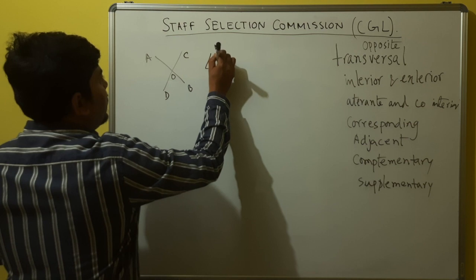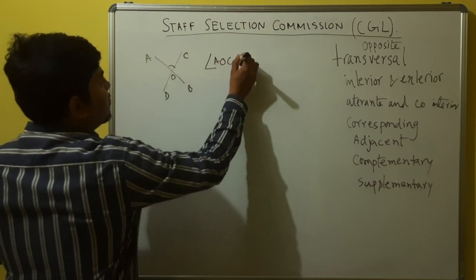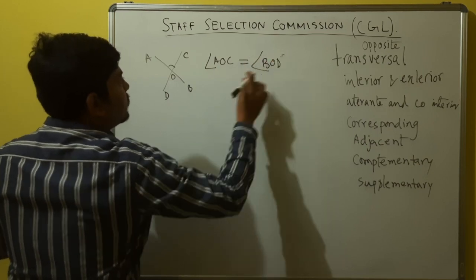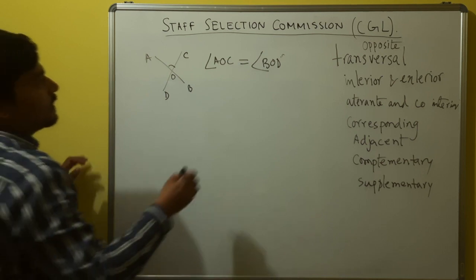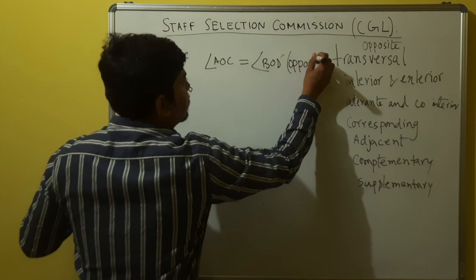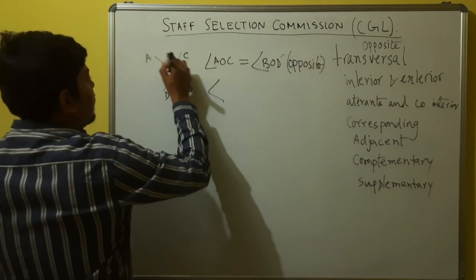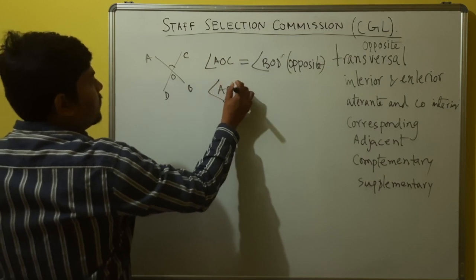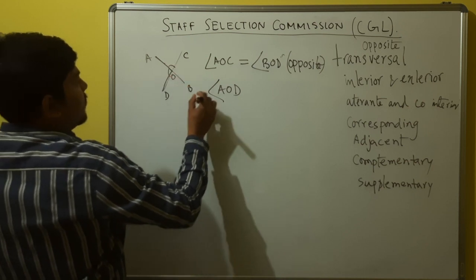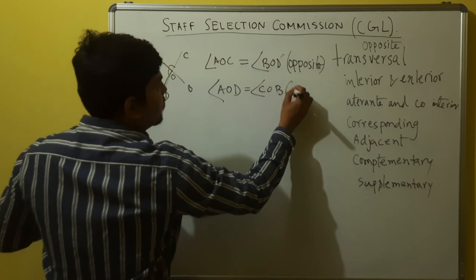Now, AOC, this angle, and BOD, these two angles are called opposite angles. Similarly, another set of opposite angles are AOD and equal to COB, opposite. This is how we should write.